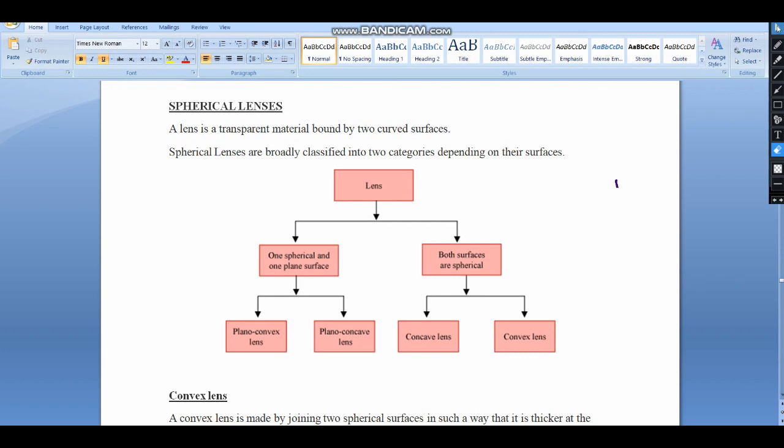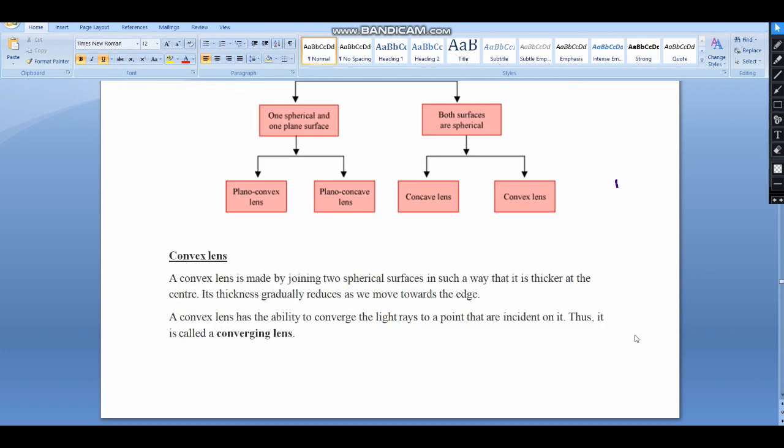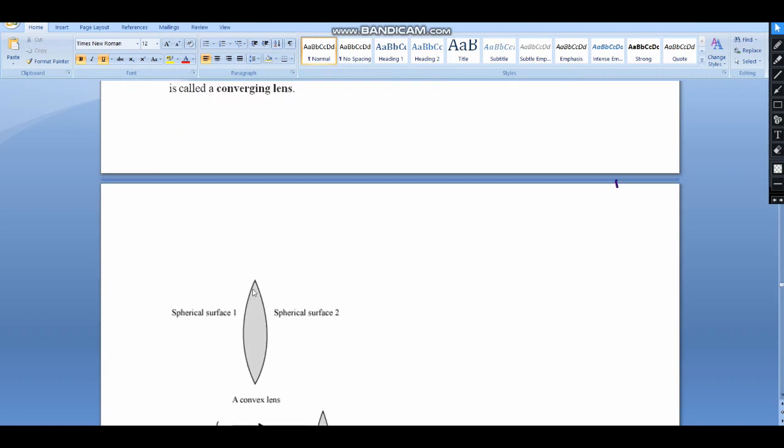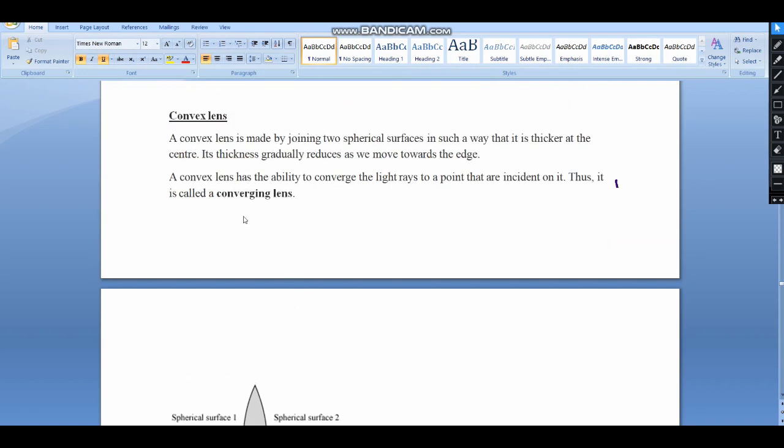A convex lens is thinner at the edges and thick at the middle. There are two refracting surfaces, spherical surface 1 and spherical surface 2, and it is also known as the converging lens.